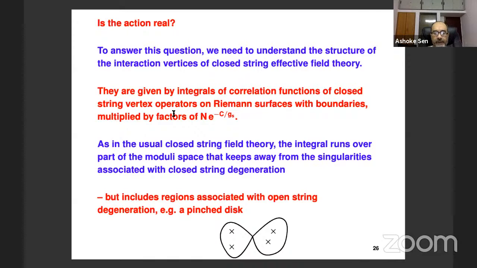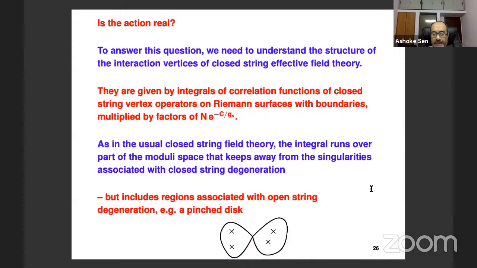with two differences. First, they are multiplied by an overall factor of N to the minus c over g_s. This was not something that was there in normal closed string field theory. Furthermore, as in the usual closed string field theory, the integral runs over part of the moduli space that keeps away from singularities associated with closed string degeneration.